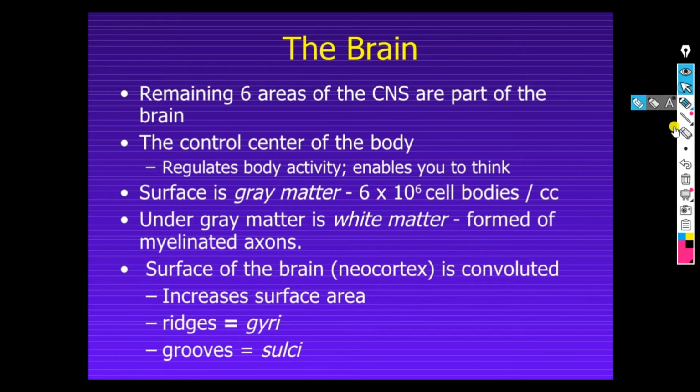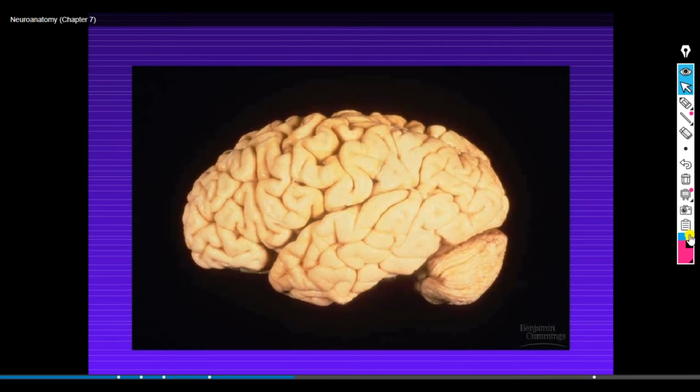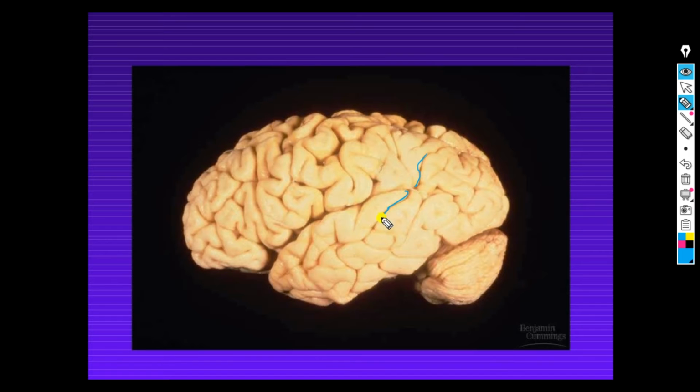You can see the ridges and the grooves. The grooves are the sulci, and the elevated ridges are the gyri. You can see it increases the surface area.